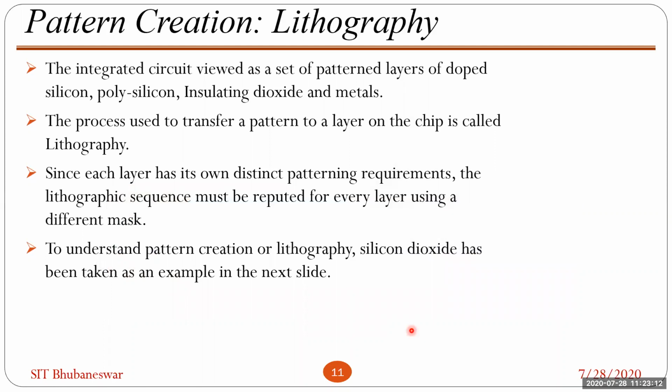The next thing is, before going to fabrication, you should clearly know about pattern creation. That is called lithography, because it is a repeated process for every layer creation. Pattern creation is nothing but the creation of a layer. For transistor fabrication, the silicon substrate is already there. Suppose you have to create an n-well region, so you have to pattern it, creating that well through some mask.